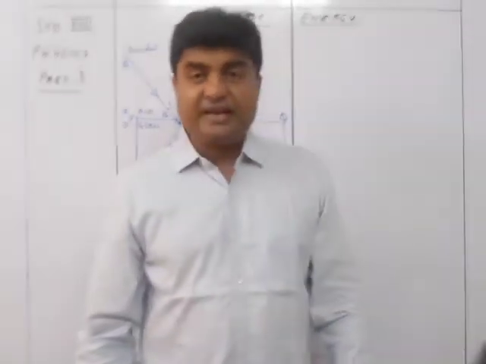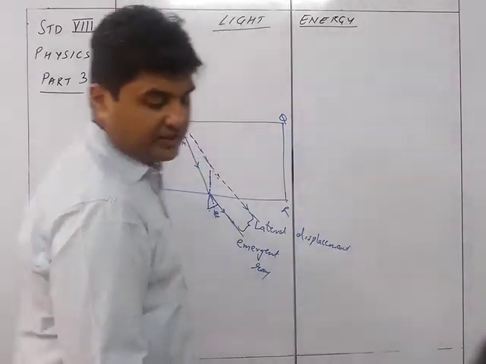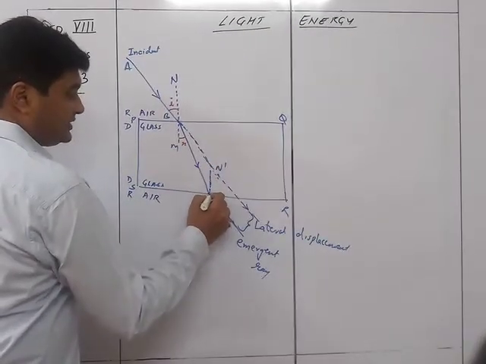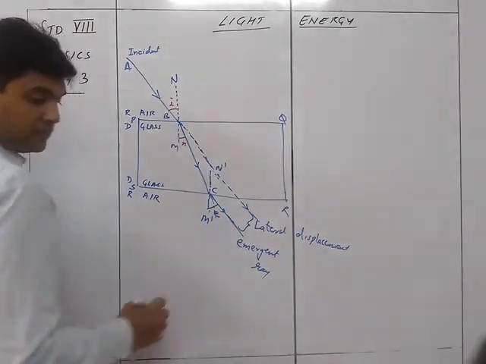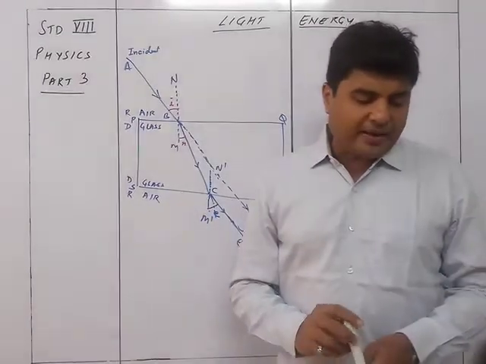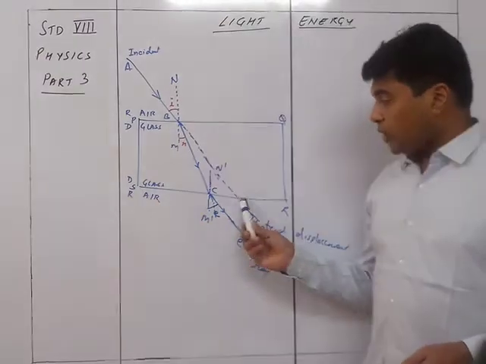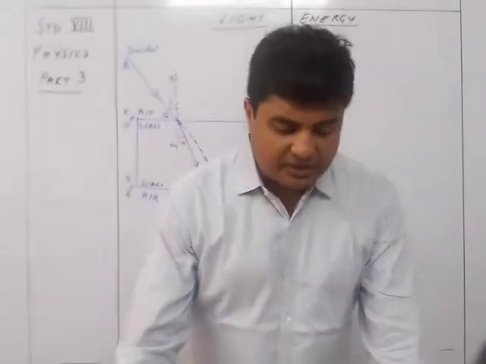N dash C M dash is the normal at the point of incidence at RS. The ray BC now enters from glass to air, so it bends away from the normal and goes along the line CD.